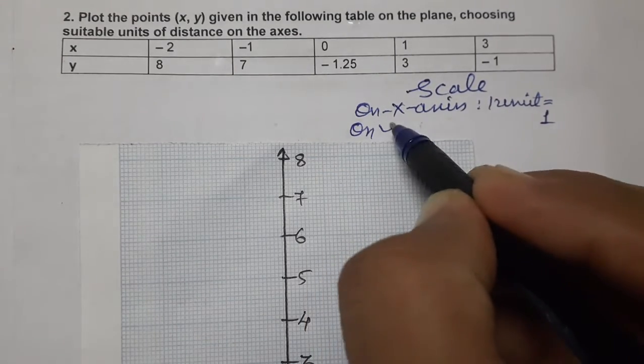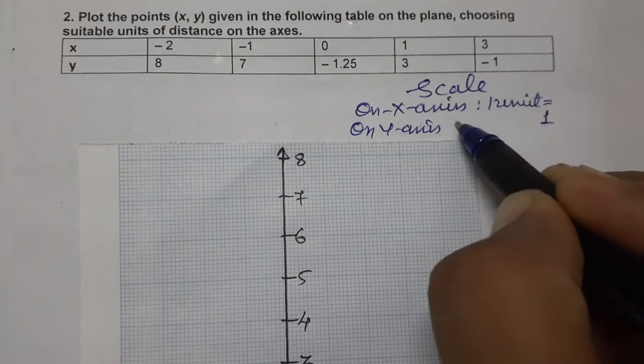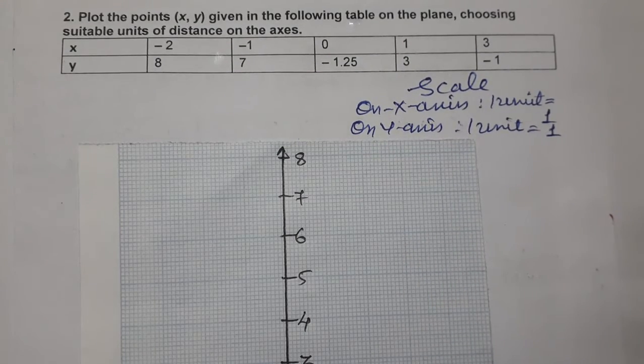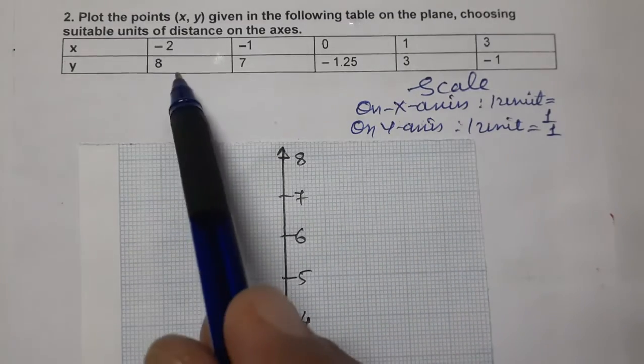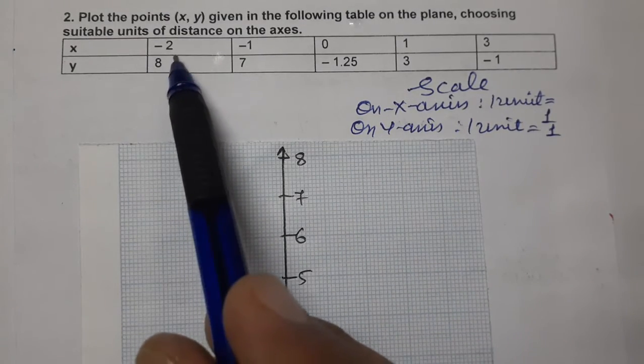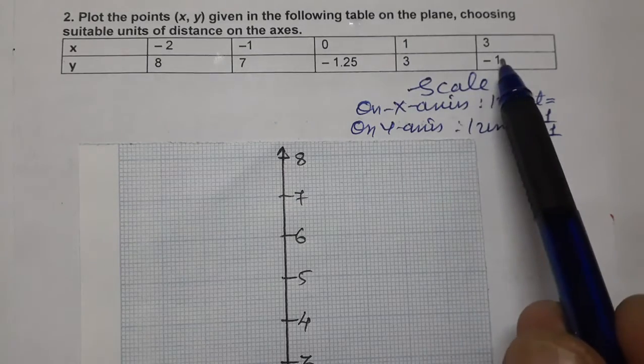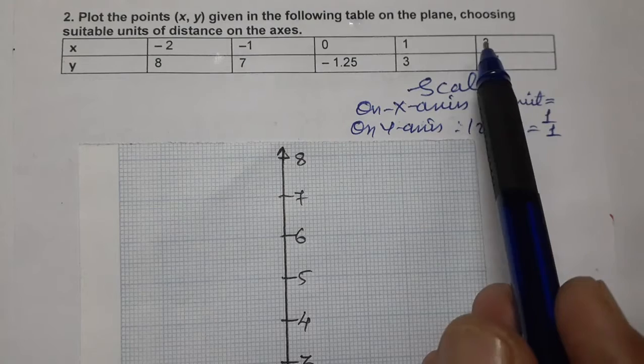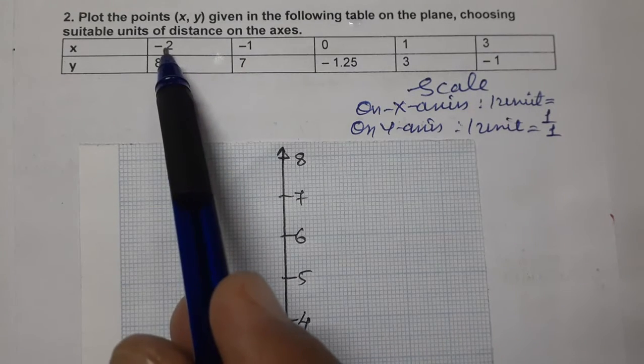And on the y-axis also, 1 unit equals 1. 1 only we are choosing. Because 8 is the highest on the y-axis and minus 1.25 is the smallest. And here on the x-axis, 3 is the highest and minus 2 is the lowest.